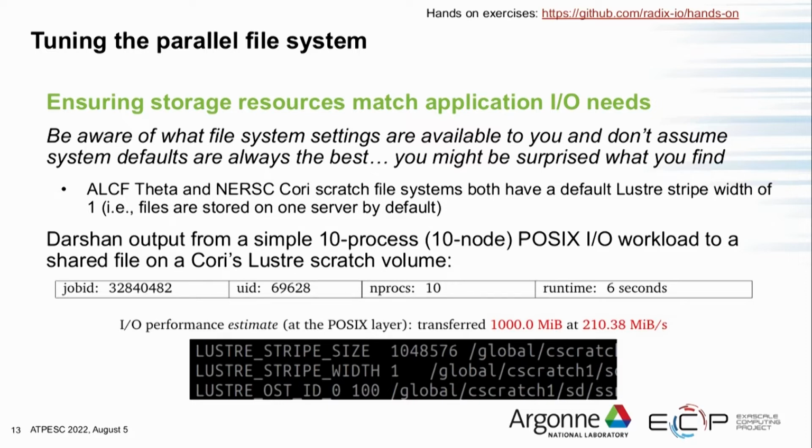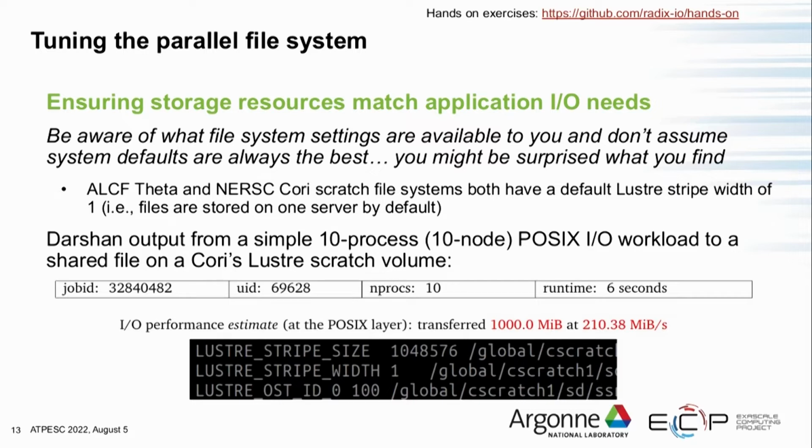So we looked at some Darshan output from a really simple 10-process, 10-node workload on NERSC Cori's Lustre Scratch volume. This is a really simple shared file workload where each process is writing a chunk of the file. Each process is writing 100 megabytes, for a total of 1 gigabyte of data.